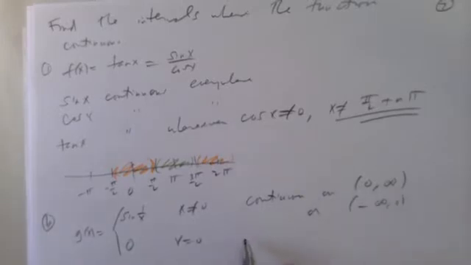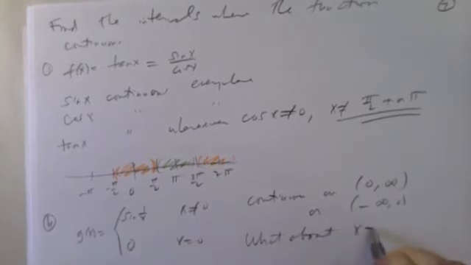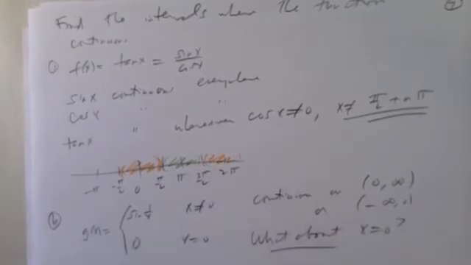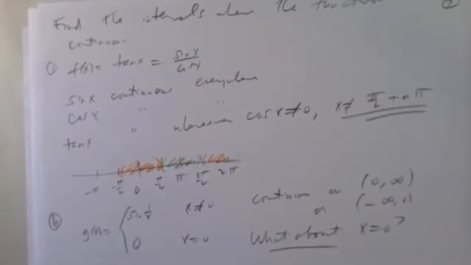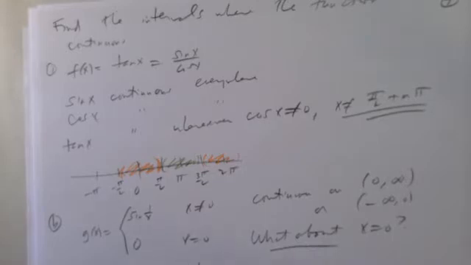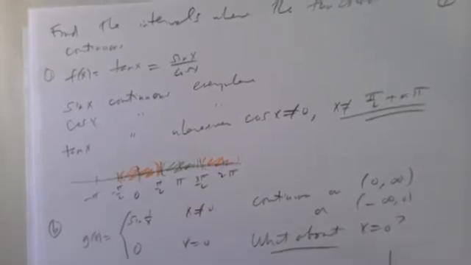But what about continuity at x equals 0? Well, the limit of g of x as x goes to 0, just the limit of sine of 1 over x as x goes to 0, does not exist.